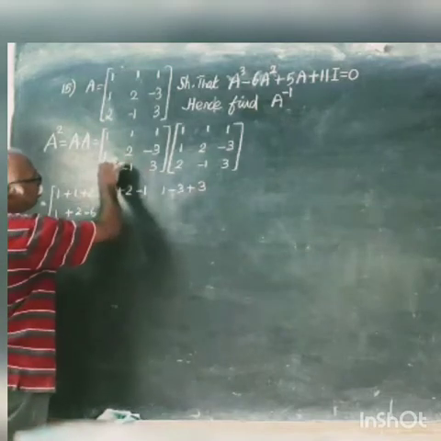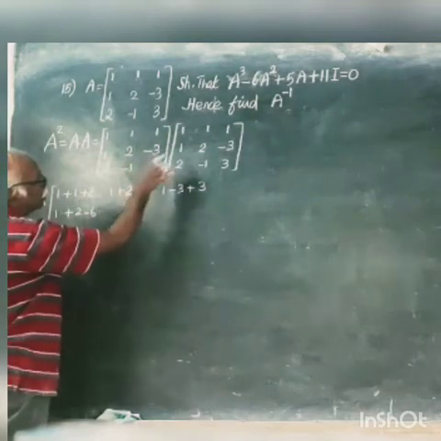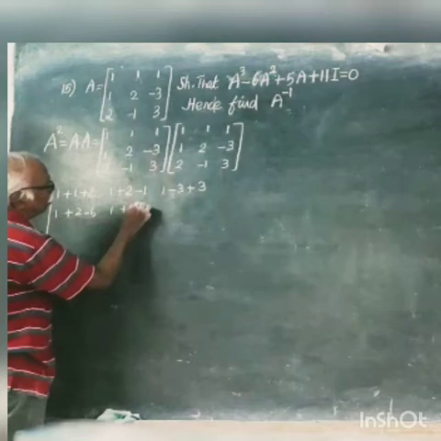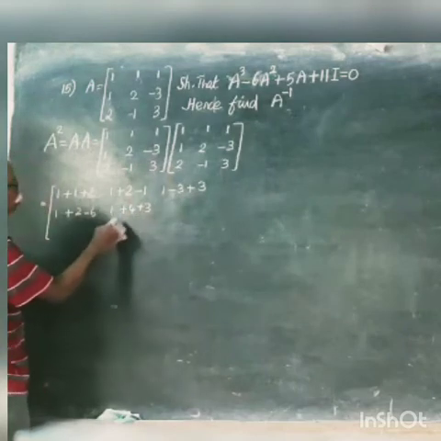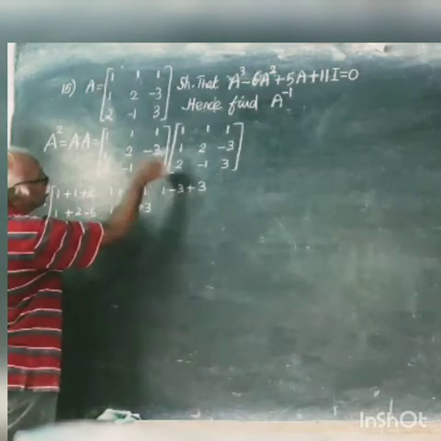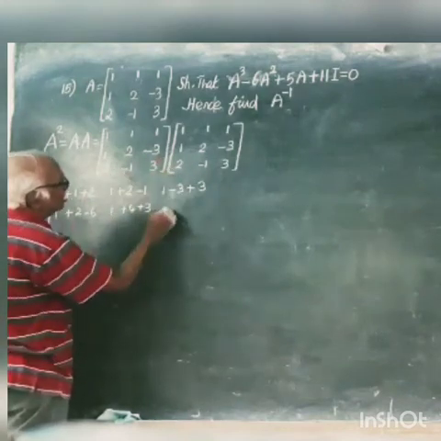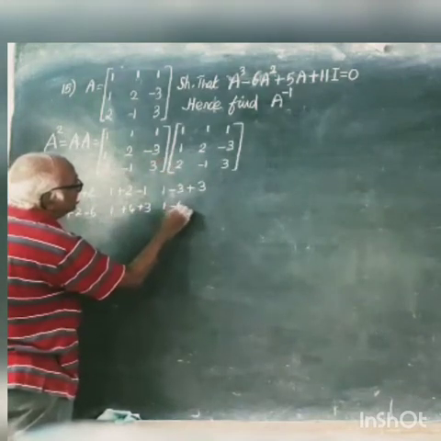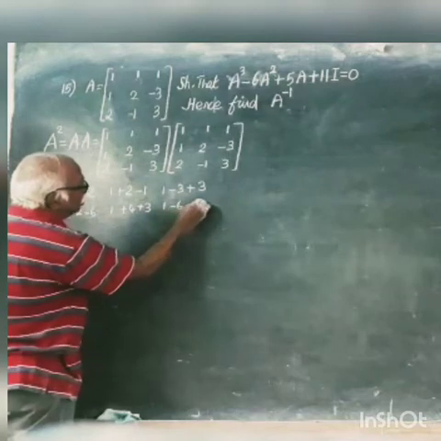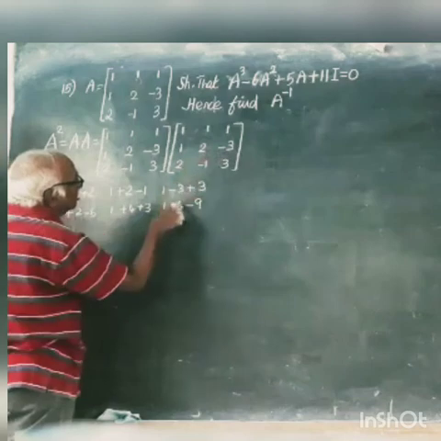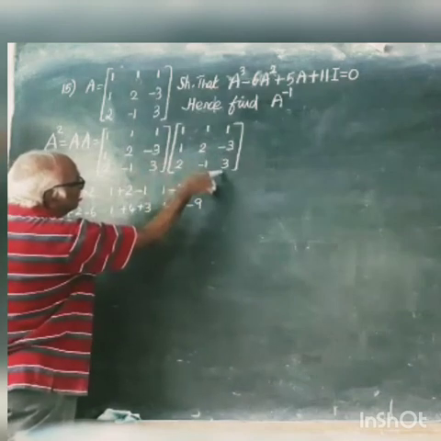Then second row, second column: 1 plus 4 plus 3. Second row, third column: 1 minus 6 minus 9.